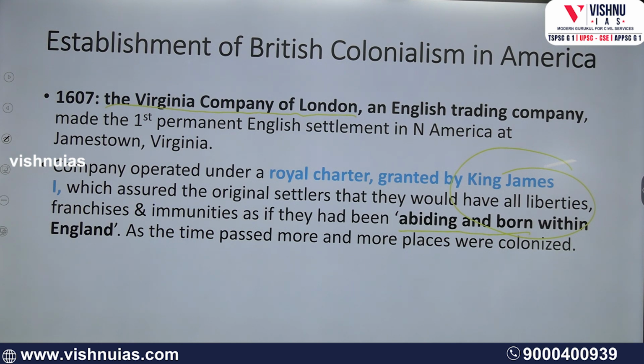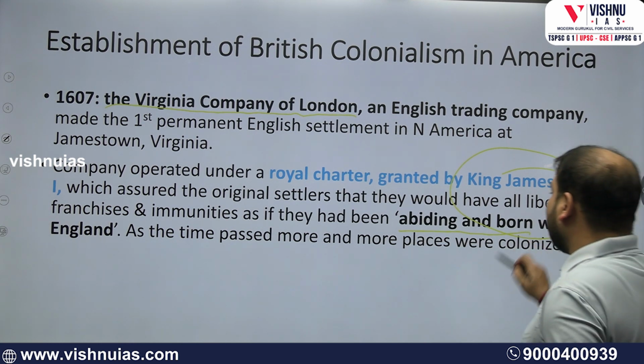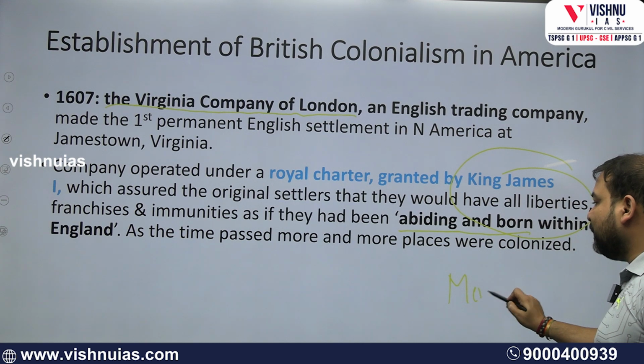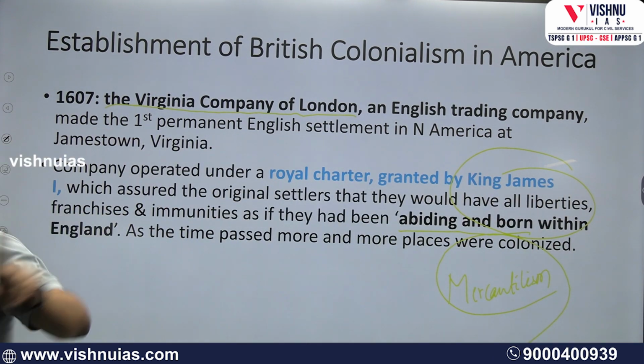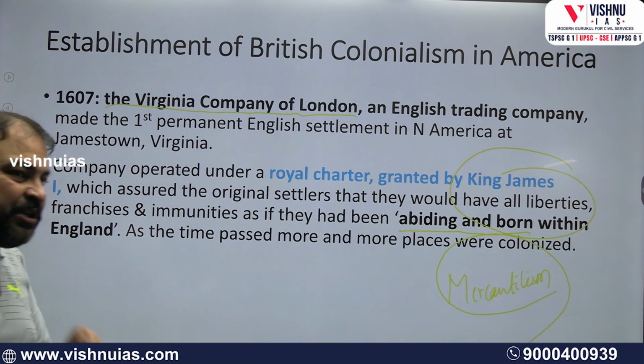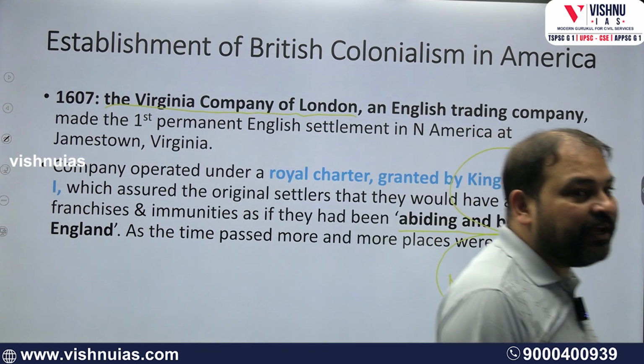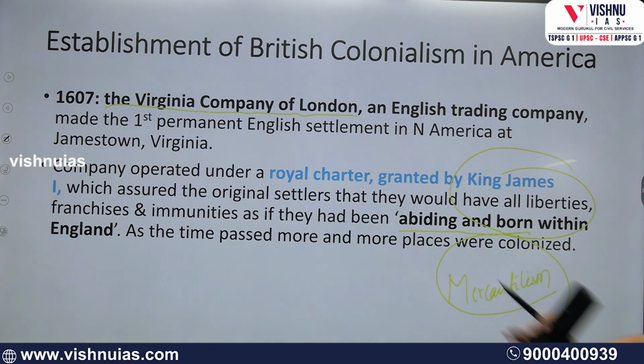Why did that deterioration happen? There is one word for that: mercantilism. Basically, the Britishers initially promised that, brother, you will be like my brother. We'll give you everything, the same respect, same power, same liberty, same equality. But slowly the Britishers started misutilizing American land for their own benefit, British people's benefit.